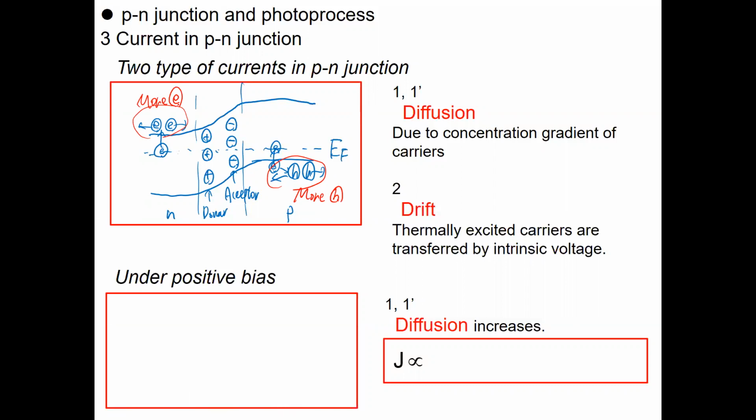Due to the concentration gradient of electrons, more electrons on the N side but fewer electrons on the P side, due to the diffusion, they move from the N to the P side. On the other hand, from the P type to N, the holes can move due to the concentration gradient.